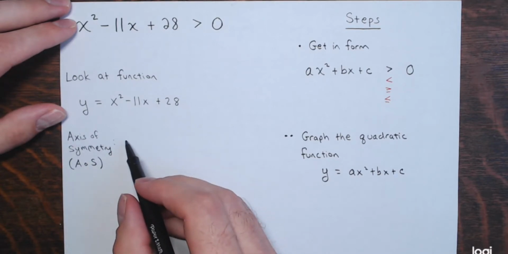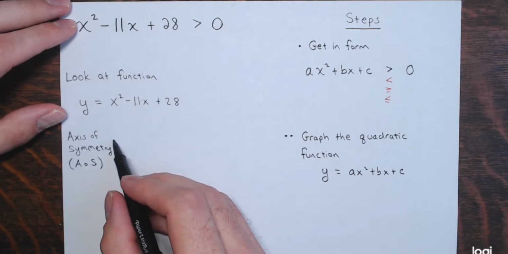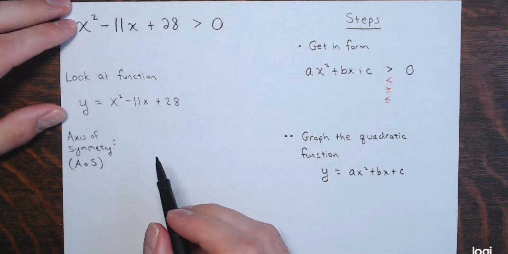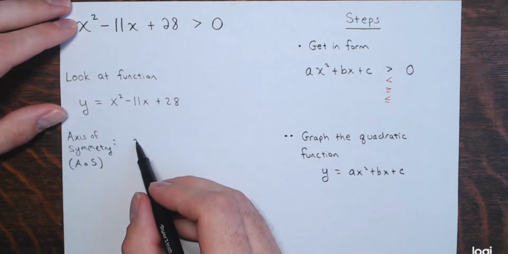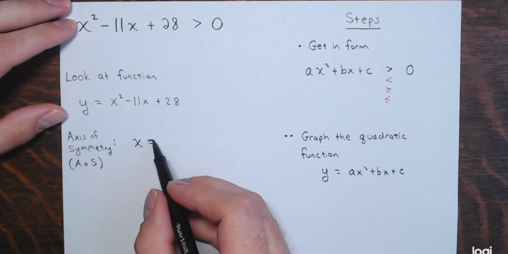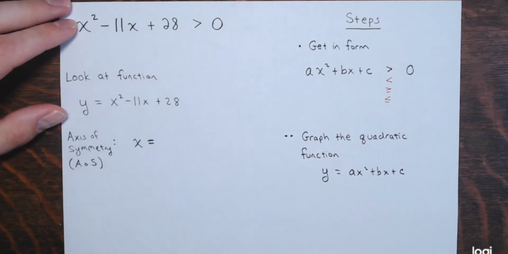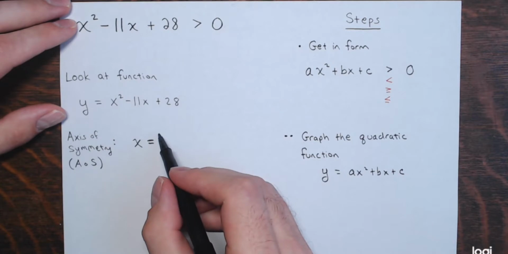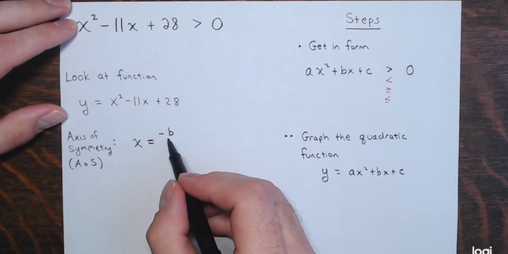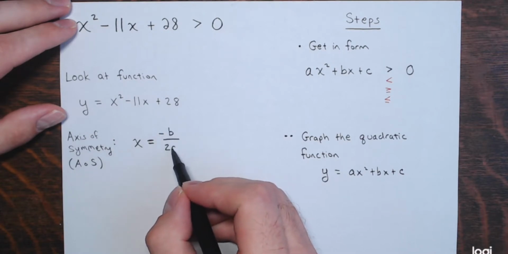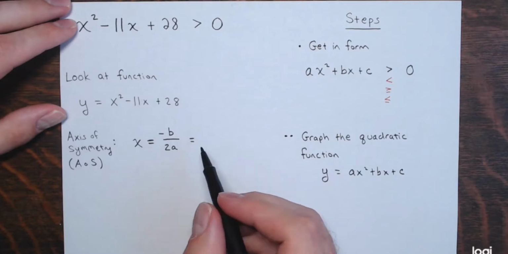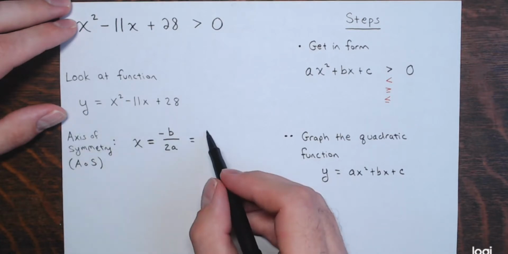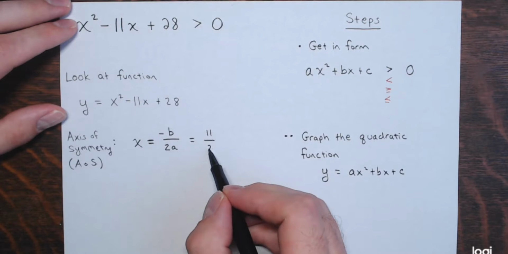Now the axis of symmetry was a vertical line that cut the parabola down the middle. It had the vertex on it. And that was x equals some number, the opposite of b. And I'll refresh your memory here: that was negative b over 2a, so positive 11 divided by 2 times 1.